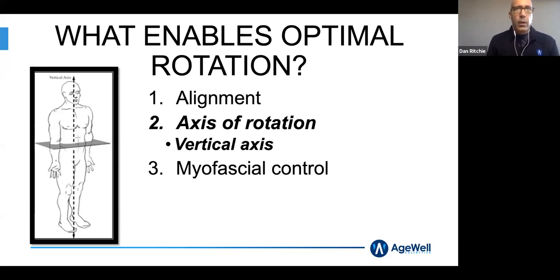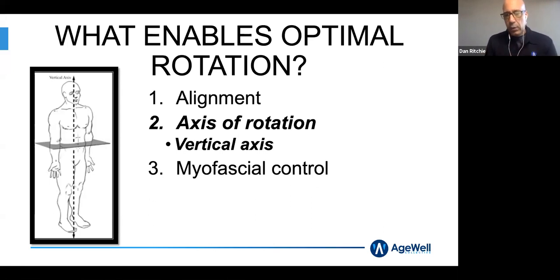Now, this does not mean that this axis of rotation does not change. It just means that, relatively speaking, when we create rotation of the trunk and spine, we can visualize each vertebrae rotating upon this vertical axis, as you can see in the image to the left there. Now, this vertical axis is important because when the client is not maintaining their alignment, it's hard to maintain this axis of rotation. Then the client has to compensate.